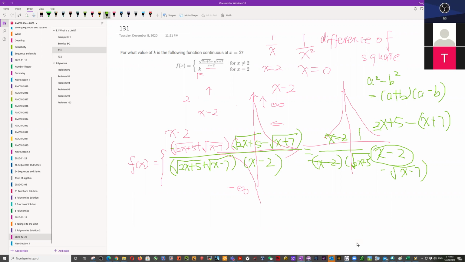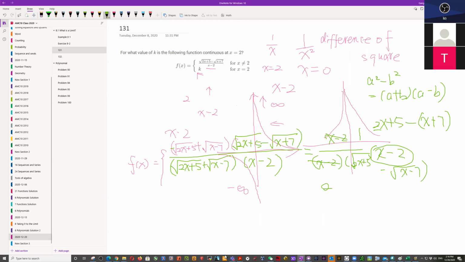The logic behind it is that no matter how close to the number 2 you get, those two factors will be exactly the same, so you can cancel it. Other than 2, all the numbers will be continuous.